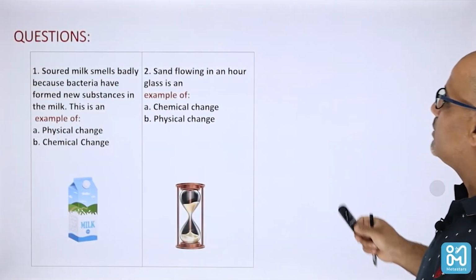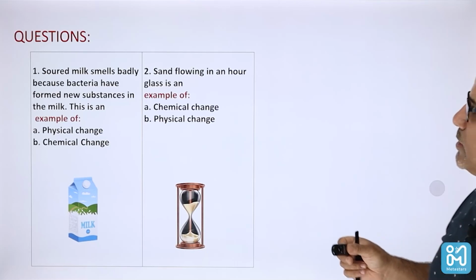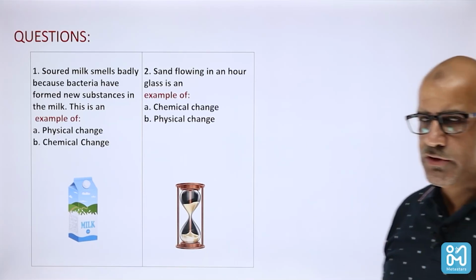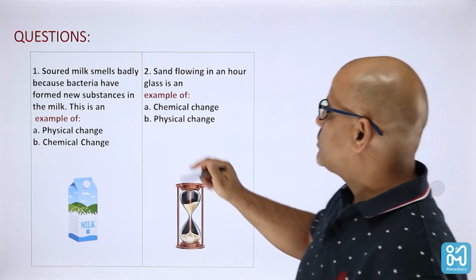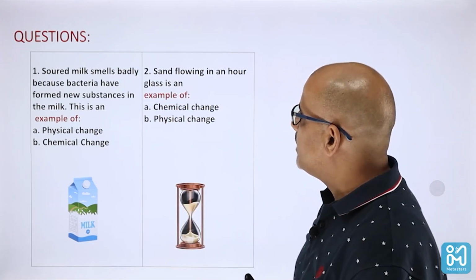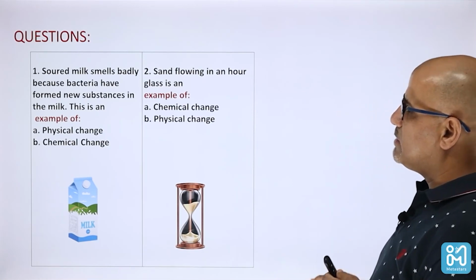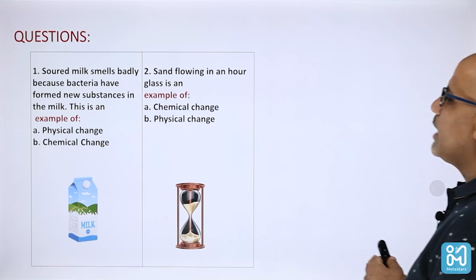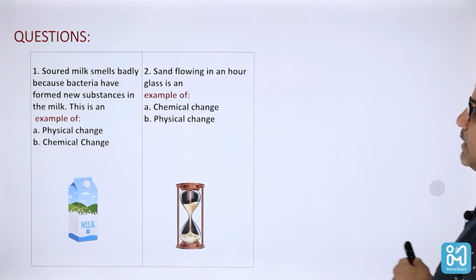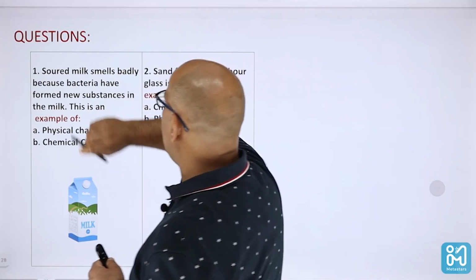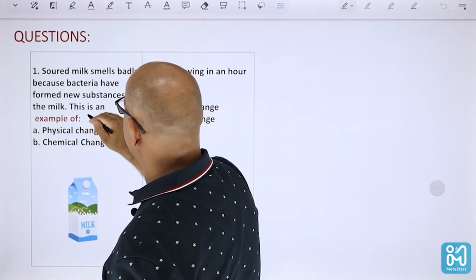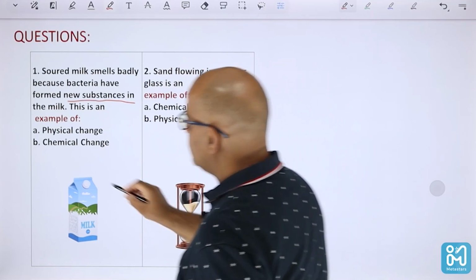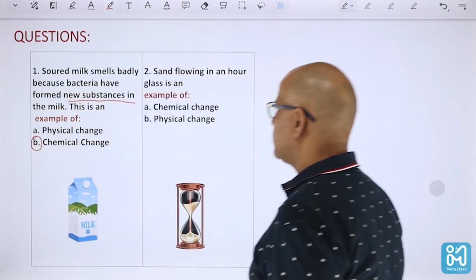Okay, as an assessment of your knowledge about the physical and chemical change, here we have two questions. The first one: the sour milk smells bad because the bacteria have formed a new substance in the milk. Is that a physical or chemical change? A new chemical substance is formed, so this means that there is a chemical change.